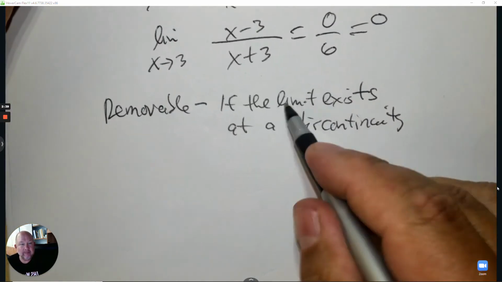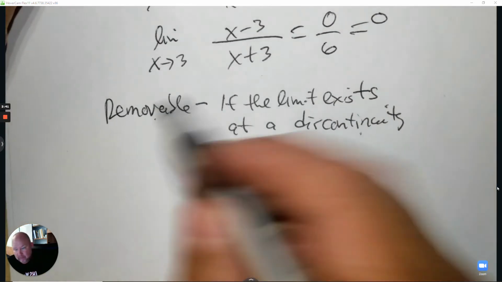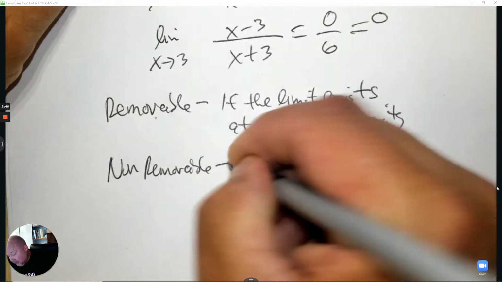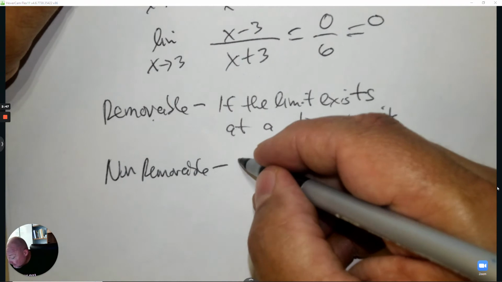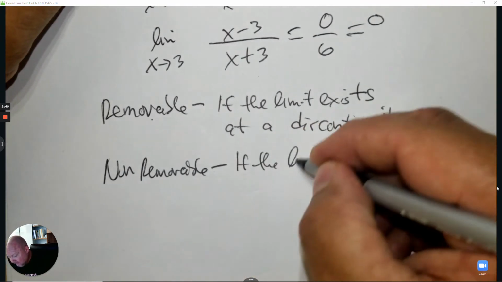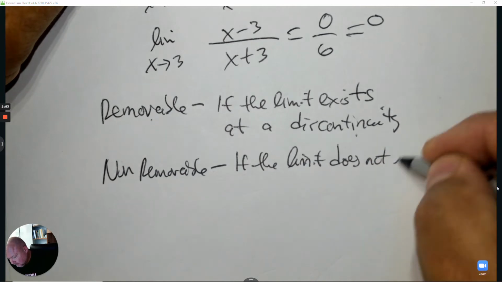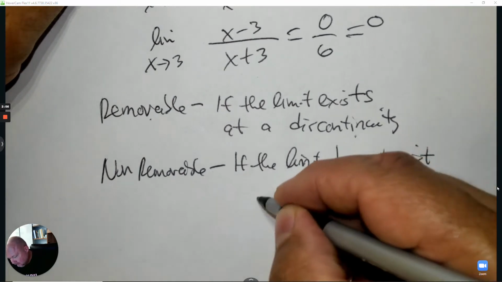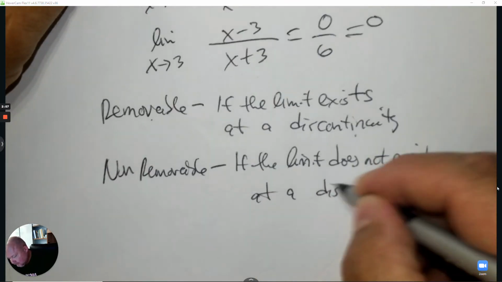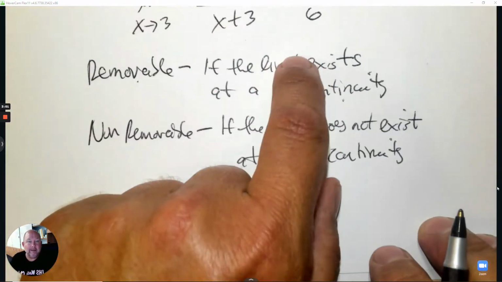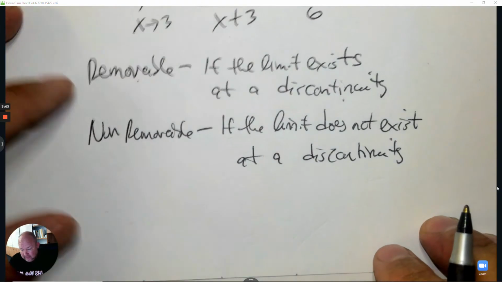So if the limit exists at a discontinuity, it's removable. Non-removable means the limit does not exist. So one, the limit exists. The other limit does not exist.